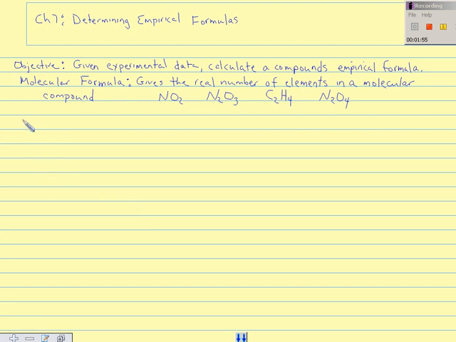Now let's take a look at what an empirical formula is. An empirical formula is the reduced formula. You're going to reduce the subscripts if you can, to get it to the lowest whole number ratio of atoms.